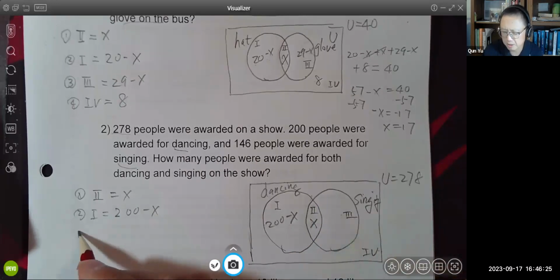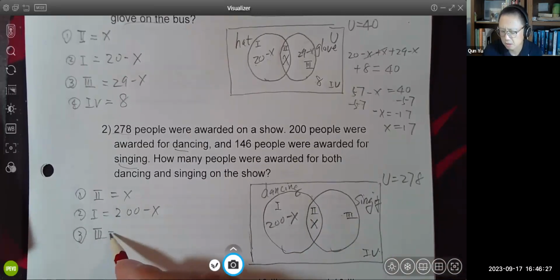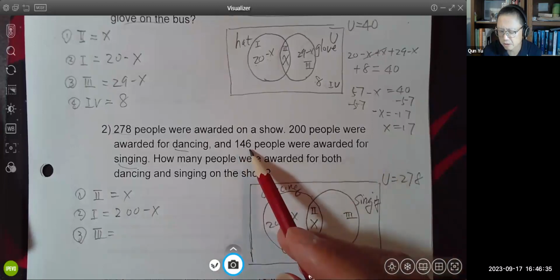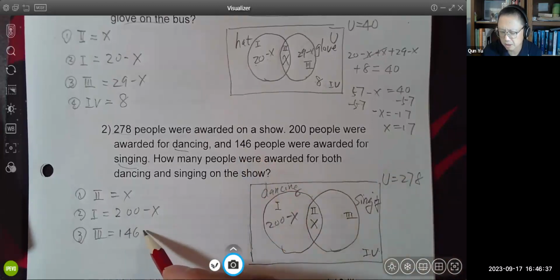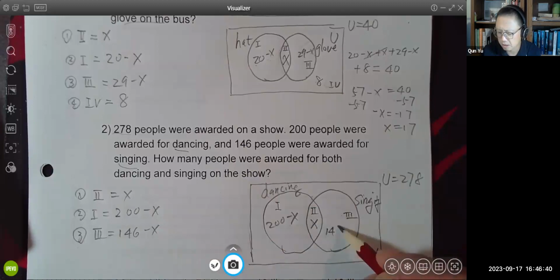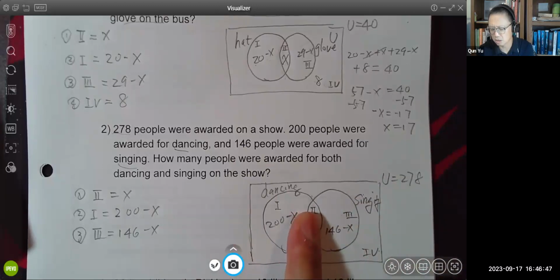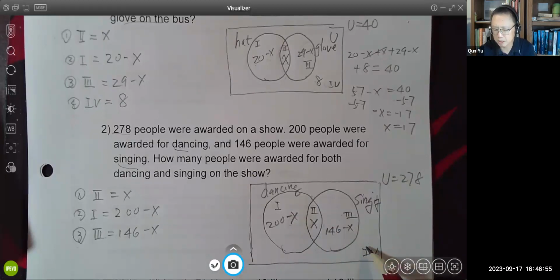In a very similar manner, region 3 equals people who were awarded for singing. That number is 146. So 146 minus X. 146 minus X, that represents this region 3, which equals the whole circle for singing, which is 146 subtract X. Now we don't have any people in region 4 because the 278 people represent those who were awarded.